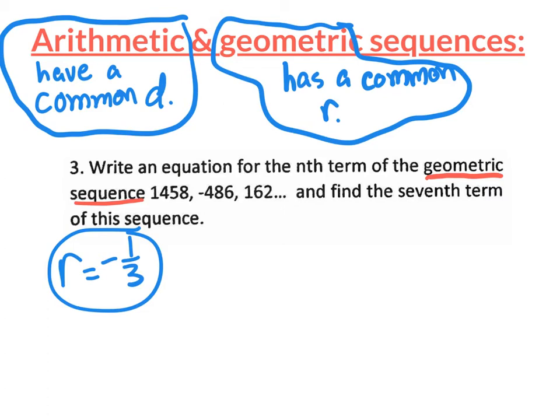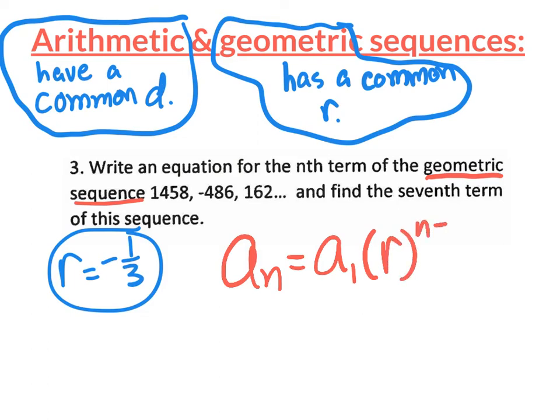Now here's the kicker. In order for you to write an equation for the nth term, we need to remember the a sub nth rule for a geometric series. So that is a sub n equals a sub 1 times r to the n minus 1 power. We need to remember that.